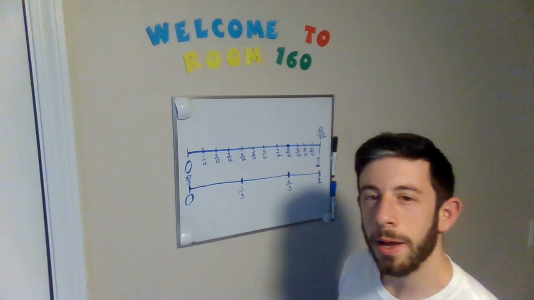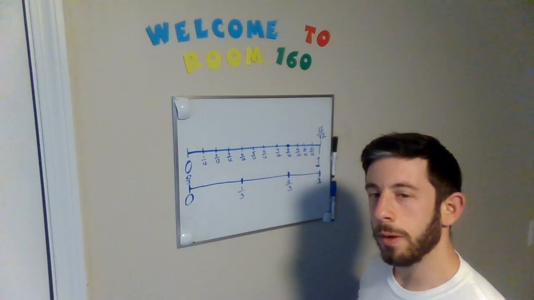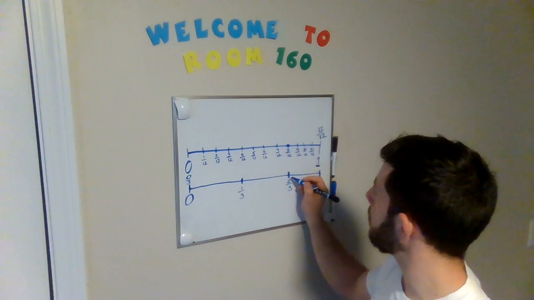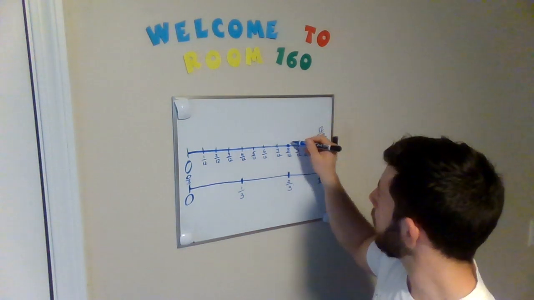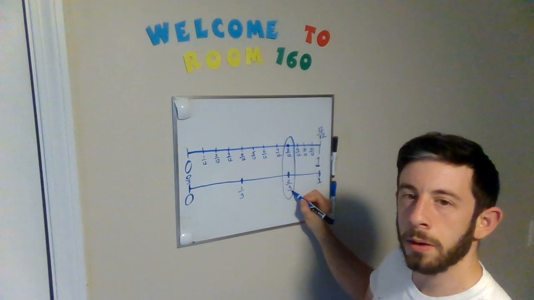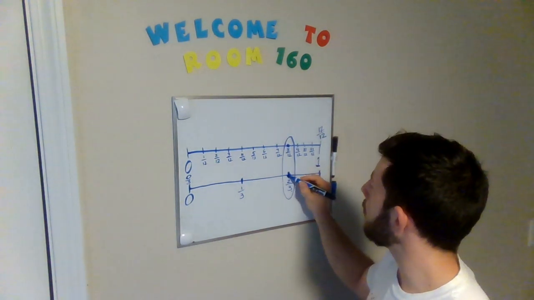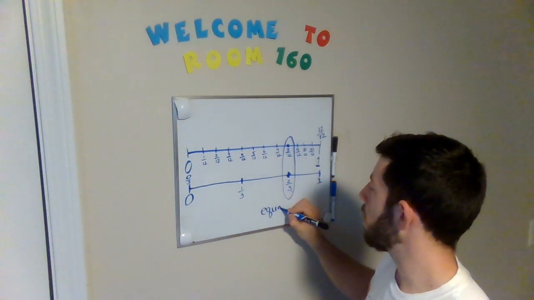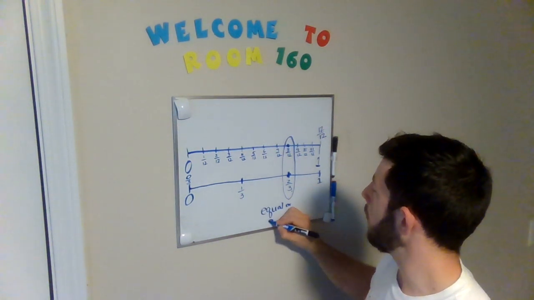Okay. What fraction here is equivalent to 8/12? What fraction of the way can he zip up his jacket in thirds? Well, look at where 8/12 is in relation to this fraction on the number line. They're in the same spot. So if they're the same spot, we know that they are equal or equivalent.